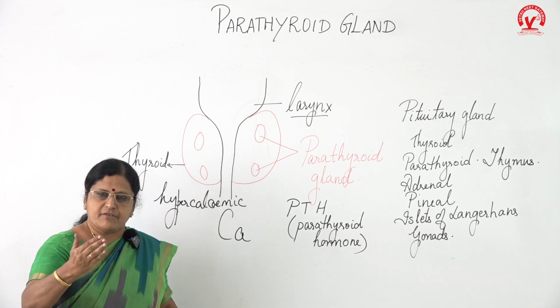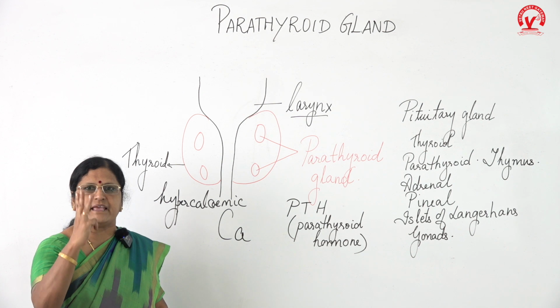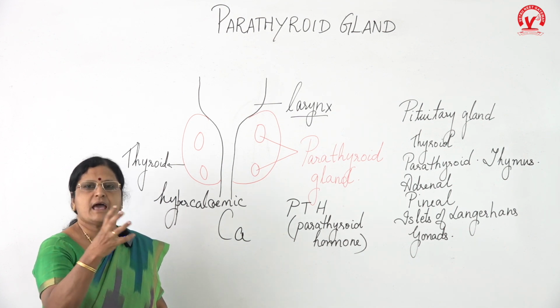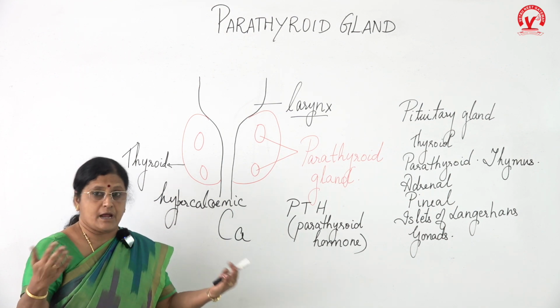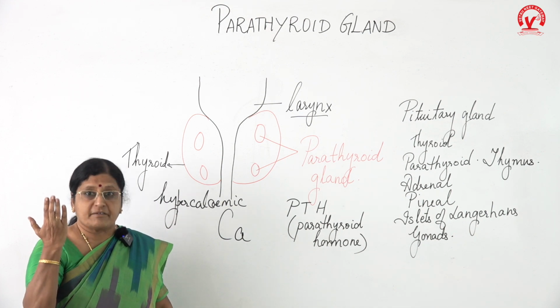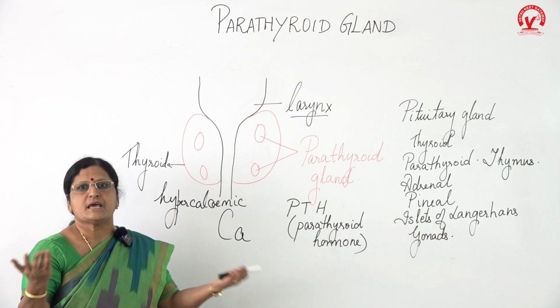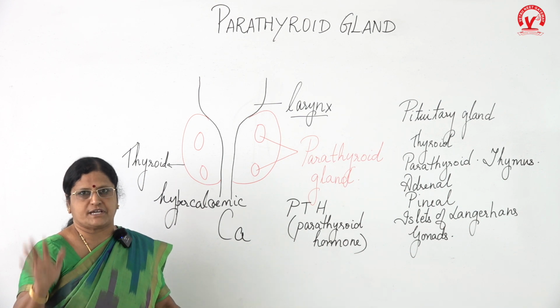That means even if the calcium level comes down, it is maintained by these three processes: from the digestive system, from the bones and from the renal tubule. And already I have told how important calcium is in the blood. If calcium comes down, all those activities will drop down.